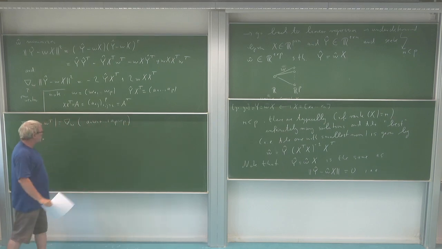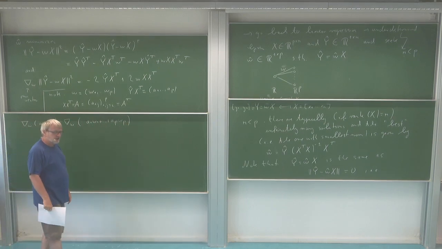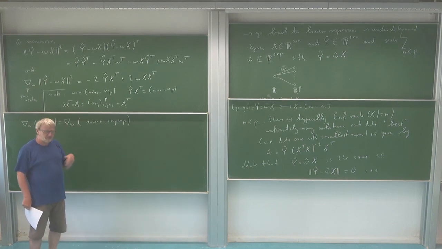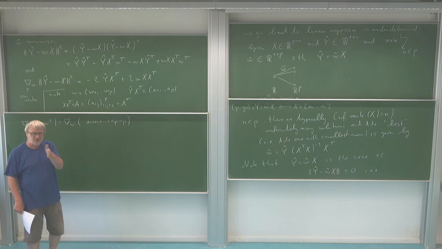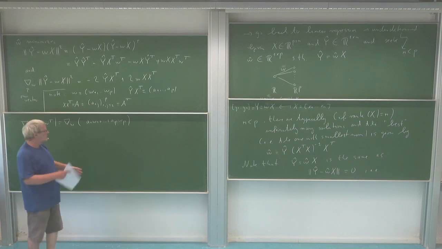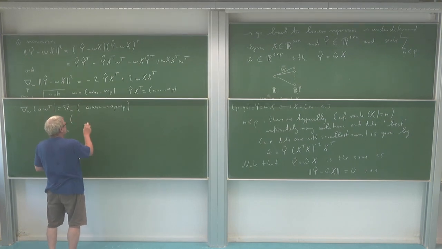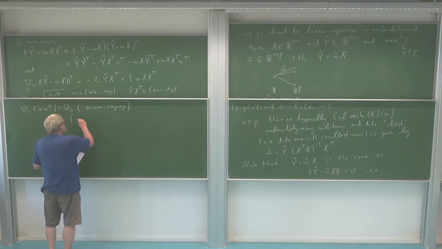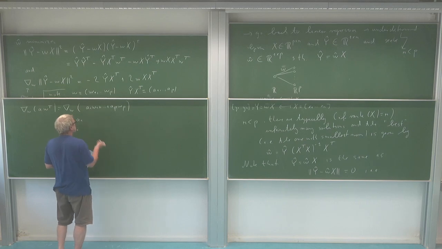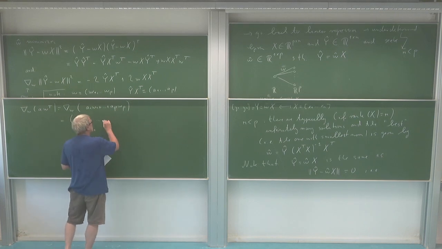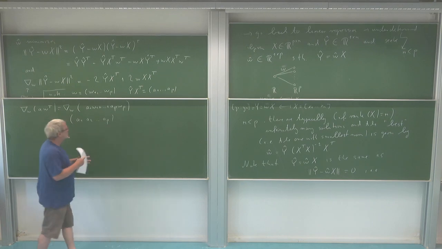Of this function, I take the gradient, so I get a vector where the first component is the derivative with respect to w1, the second with respect to w2, and so on, and I write this as a row vector. The first is the derivative with respect to w1, which is just a1. The second is the derivative with respect to w2, which is a2, and the last is the derivative with respect to wp, which is just ap. And so I'm just getting back the vector A.